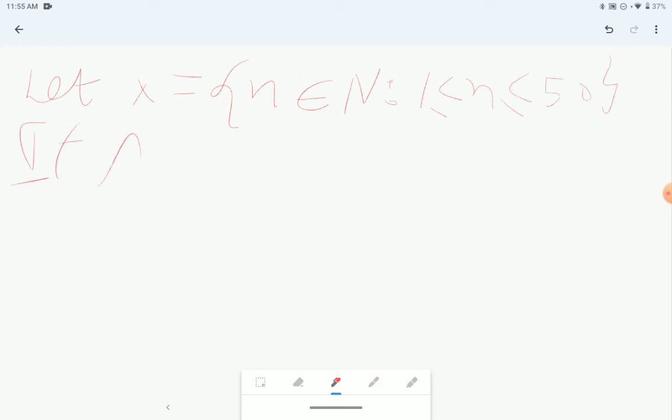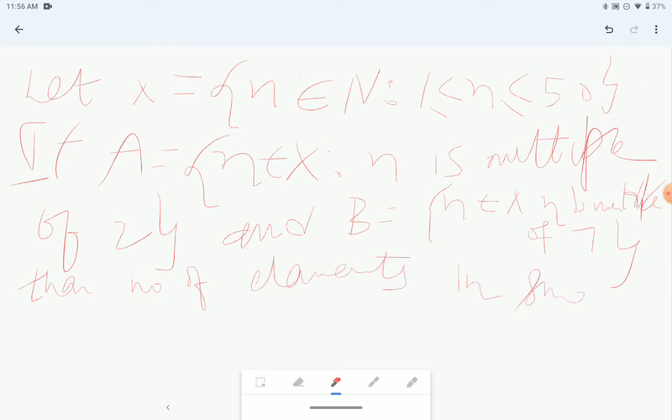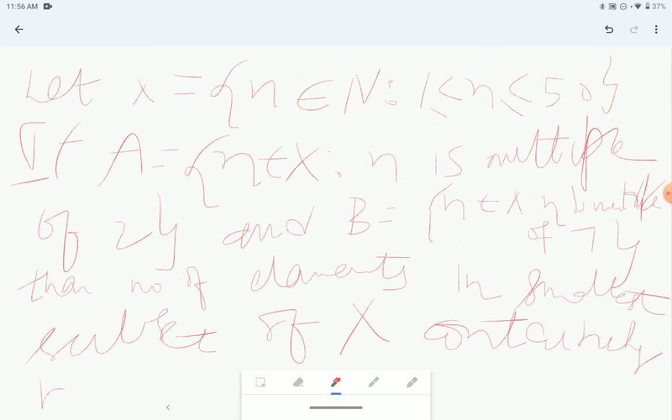If A is equal to n belongs to X such that n is a multiple of 2 and B is equal to n belongs to X such that n is a multiple of 7, then the number of elements in the smallest subset of X containing both A and B.